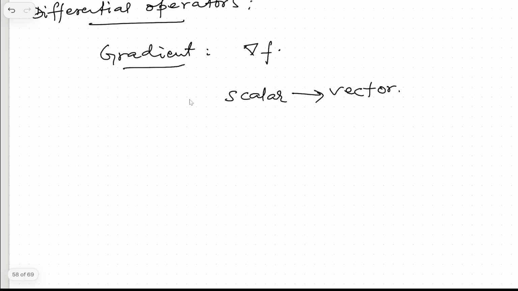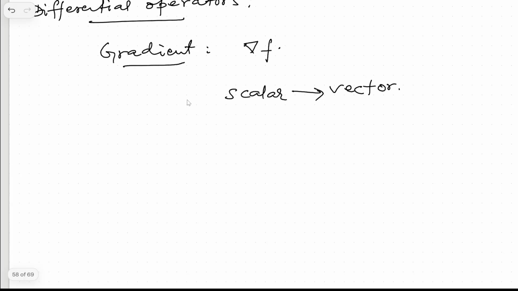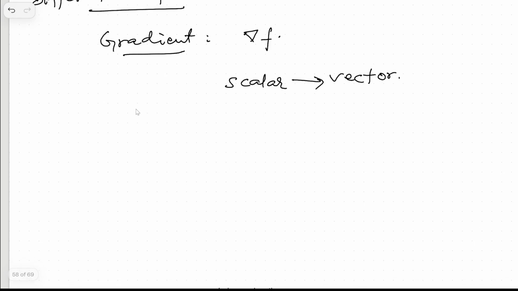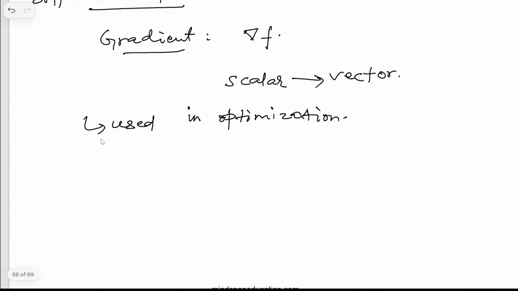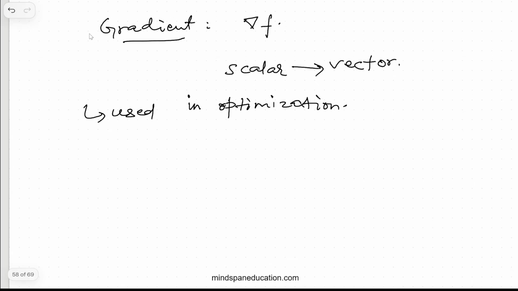So gradient is an operator which changes a scalar into a vector, and it is used in optimization. You have already seen the gradient descent algorithm, used in optimization.